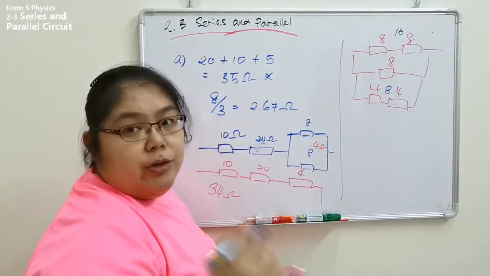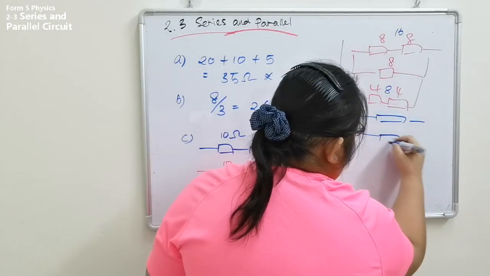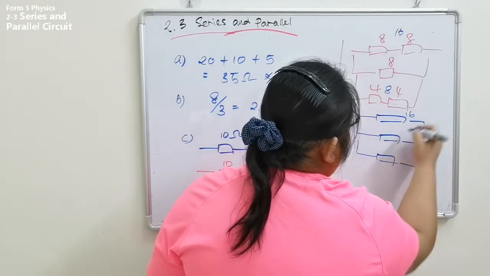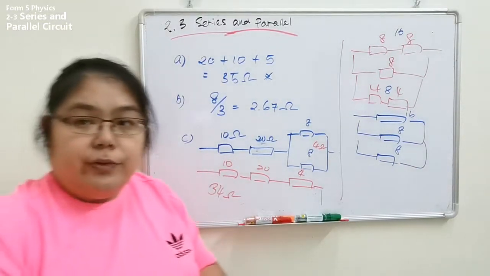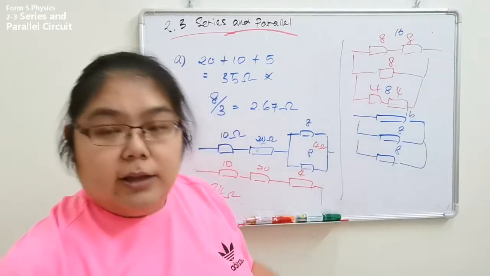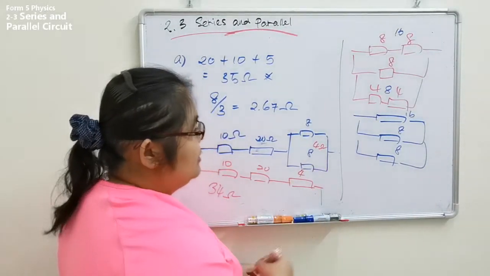So from here I redraw the new one: 16, 8, and 8. I solve these two first because they are the same, 8 and 8, so it becomes 8 divided by 2, which is 4.